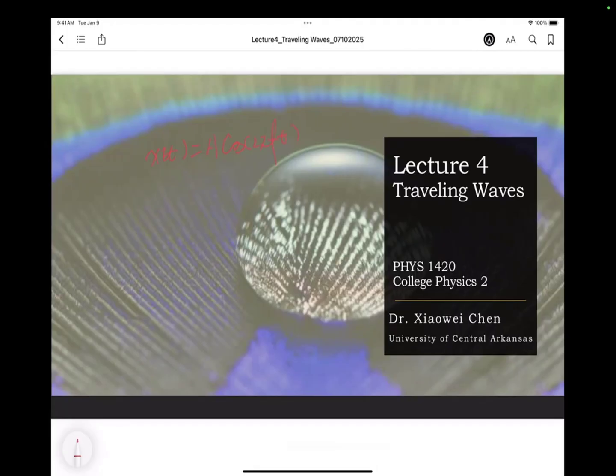So what is velocity? I think you have already learned this: v equals s divided by t, the displacement in a specific time. So the velocity is the displacement in a unit time. This is the equation for the velocity.